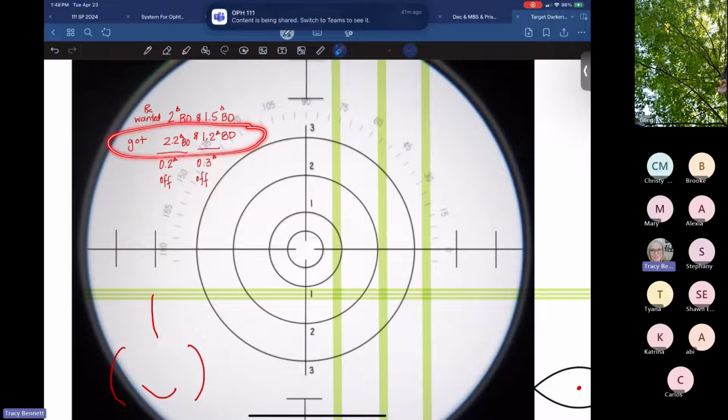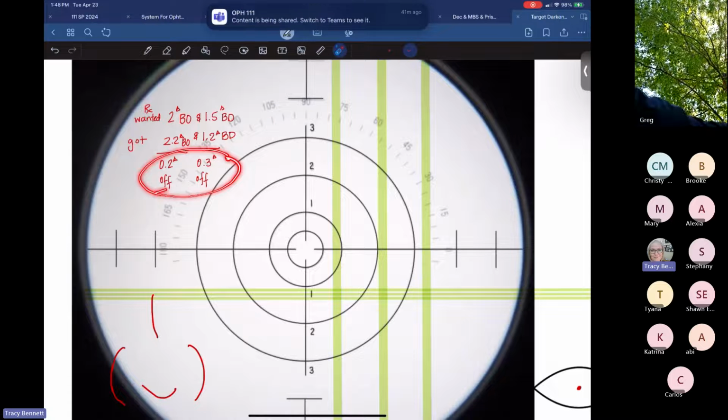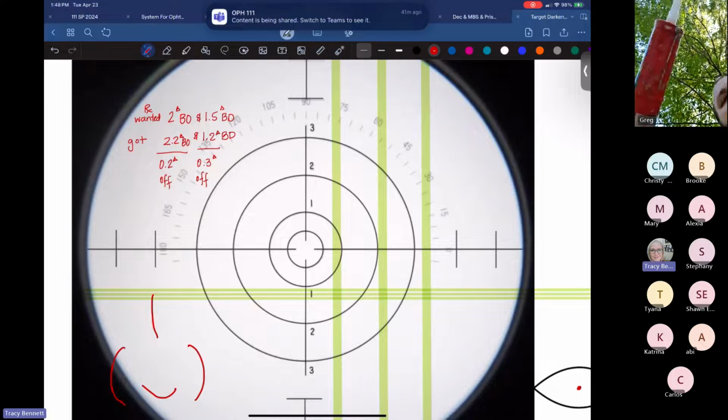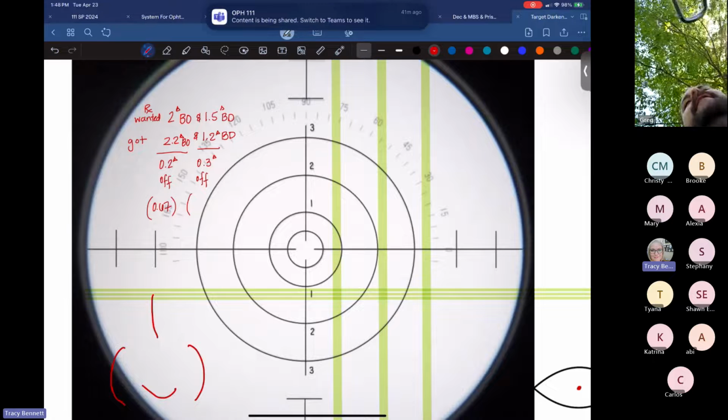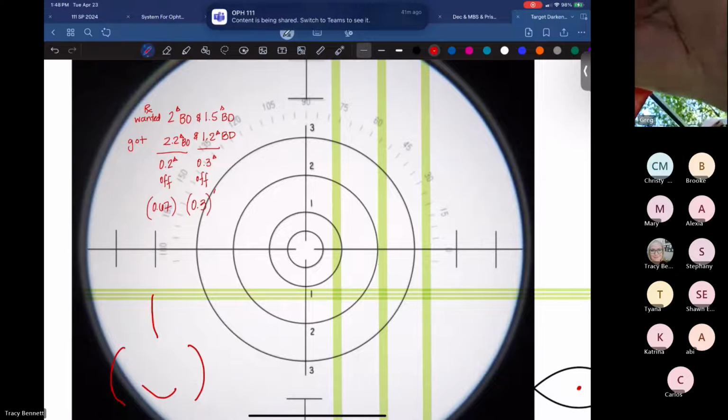And that's what I read, right? We applied ANSI and decided those are off by that amount, but they are within ANSI, because ANSI allows us how much on the horizontal? 0.67. Very good. And how much does ANSI allow us in the vertical? 0.33. Very good.